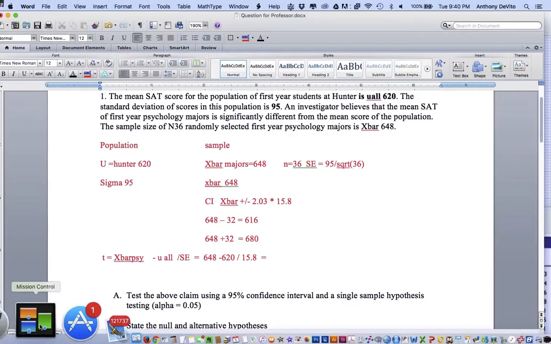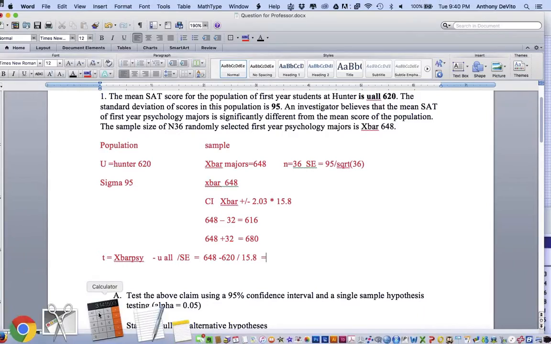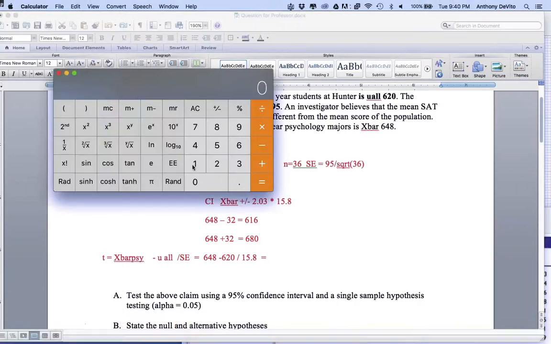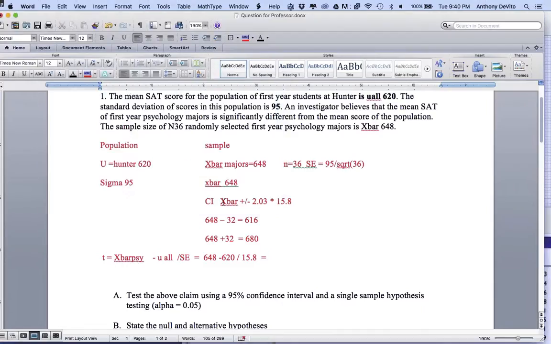What's the t-value for the distance between these two? Okay, get my calculator out. So that's going to be 28 divided by 15.8. I hope I zeroed this. Okay, it's going to be 1.77. So now the t-score is equal to 1.77.